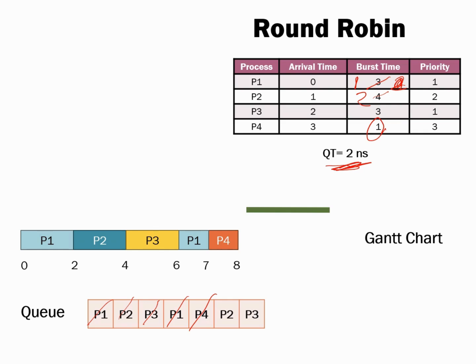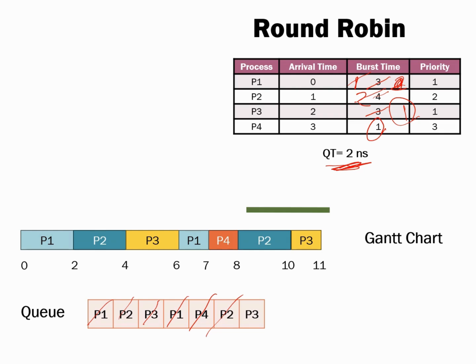Then for P2 and P3: P2 was given 2 nanoseconds so 2 remain, and P3 also was given 2 nanoseconds so 1 remains. Based on the queue, we assign the CPU to P2 between 8 to 10, and it is completed. Then we only have P3, with 1 nanosecond of execution remaining.